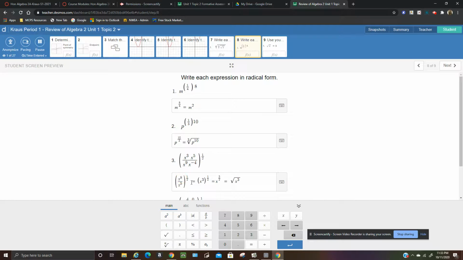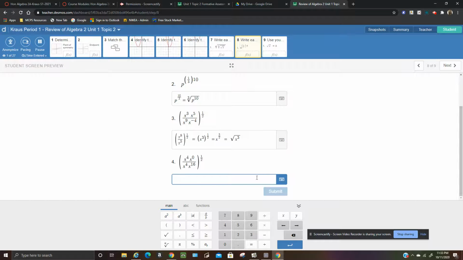And then this last one, if I do what's inside the parentheses here, I get x to the 4th in the numerator and x to the 20th in the denominator. And then let's see if this will work. Yep.